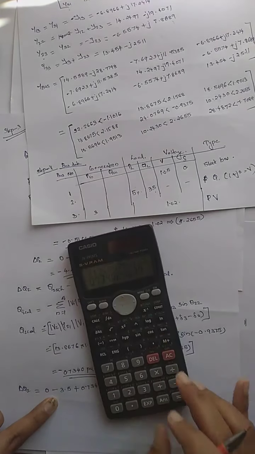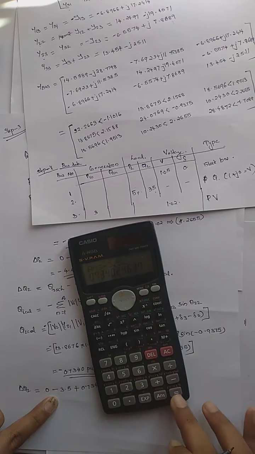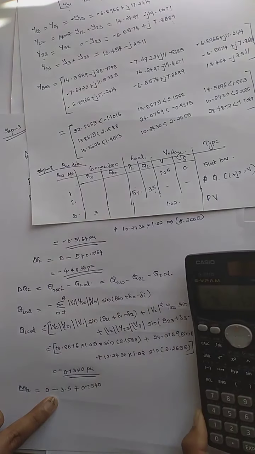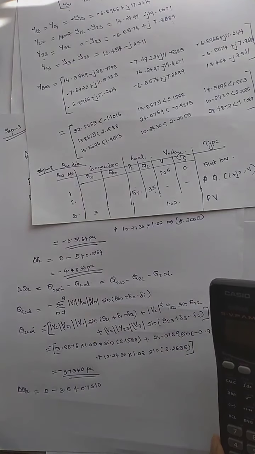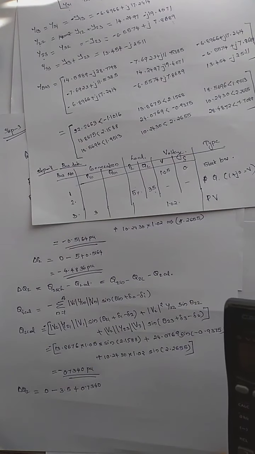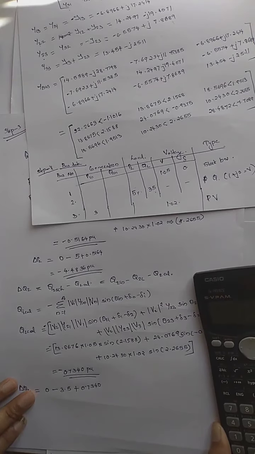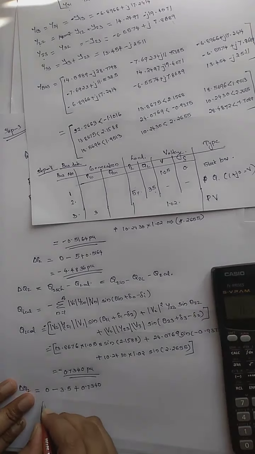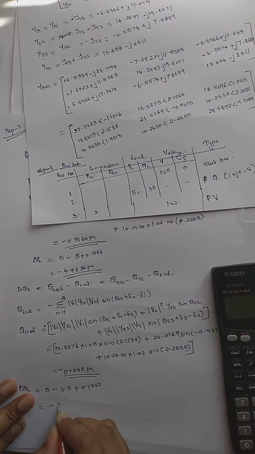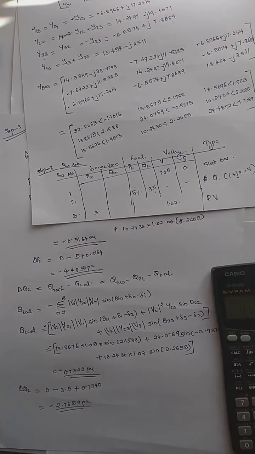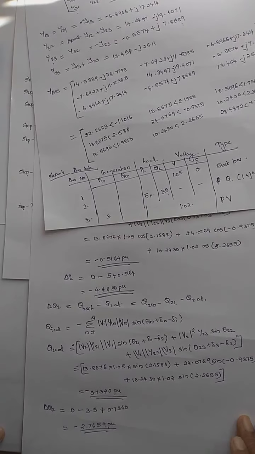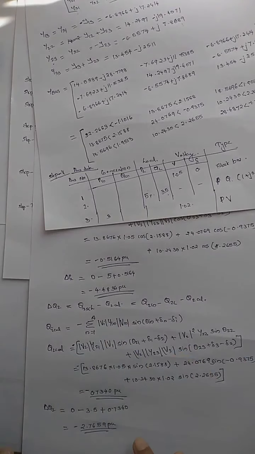So I have to minus 3.5. What will be the value? Minus 2.7659, isn't it? That is equal to minus 2.7659 per unit. So this is my delta Q2. So I have my delta P2 and delta Q2 value.